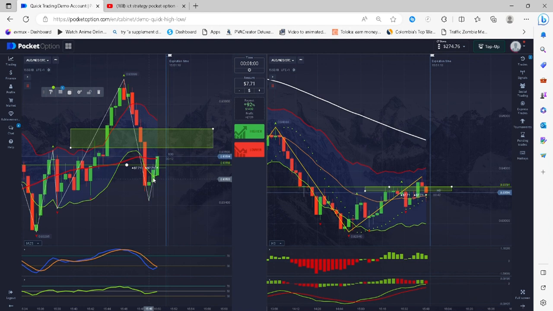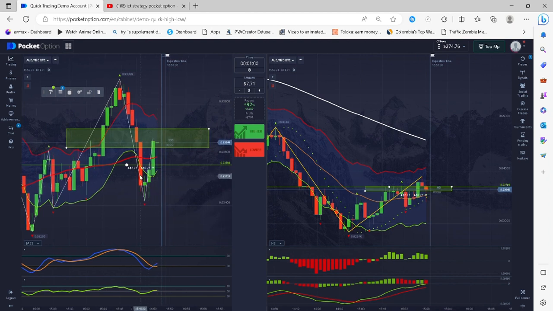I entered this trade because my stochastic and my MACD on the higher time frame is still showing me the buy signal. That's why I entered this trade, even though it played for a while under here. You see how it came up and closed still inside of the other block.